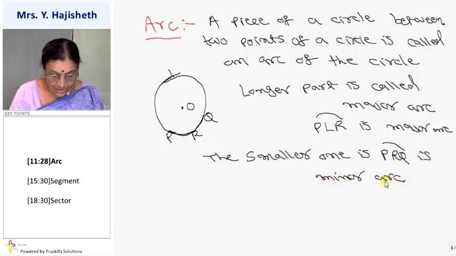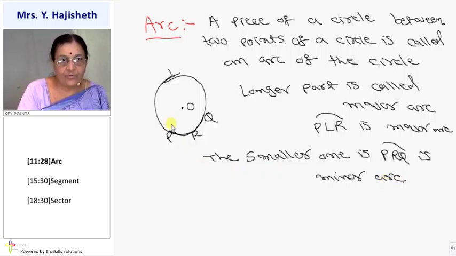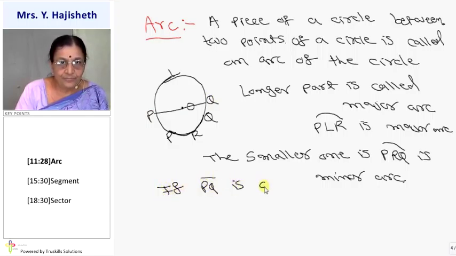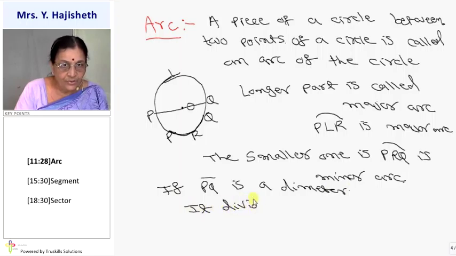And when I draw a diameter, suppose this PQ is a diameter, then it divides the circle into two arcs.